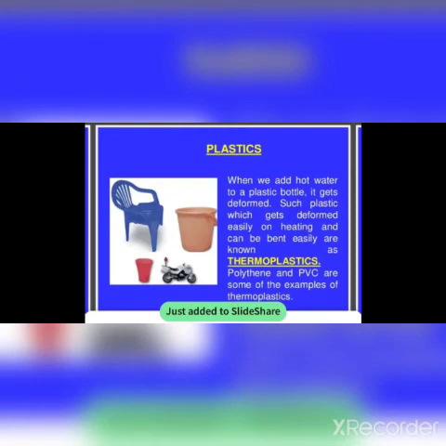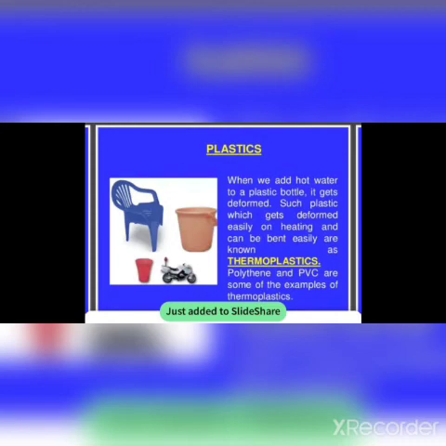Now let's see the different types of plastics. They are thermoplastics as well as thermosetting plastics. Have you observed when hot water is poured into a plastic bottle, its shape changing or deformed? Such plastics which deform on heating and can be bent easily are known as thermoplastics.